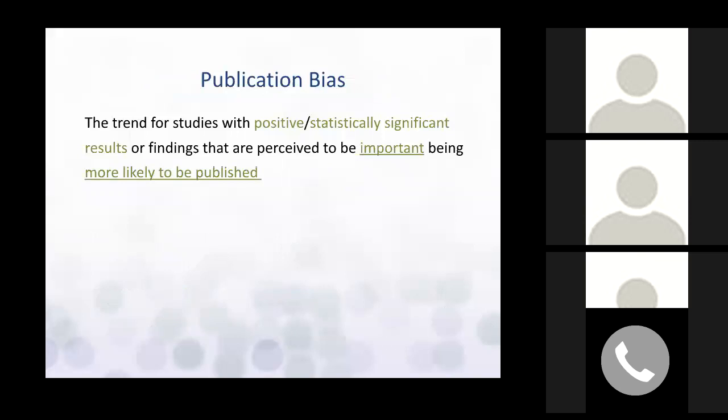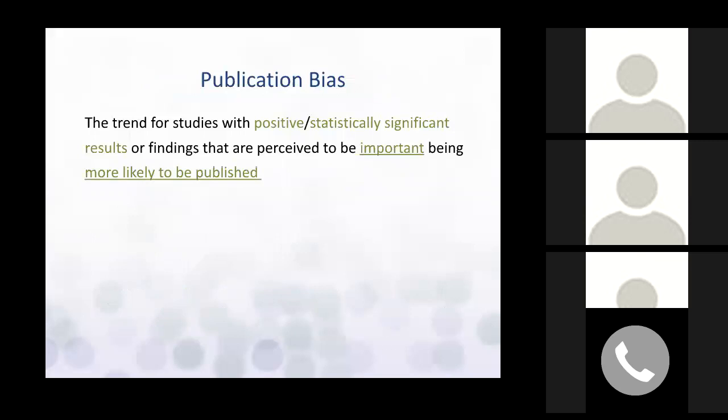Okay, so there is an issue with publication bias. We tend to find that studies reporting positive or significant results are more likely to be published, and they're more likely to be perceived as important, hence why they're more likely to be published.